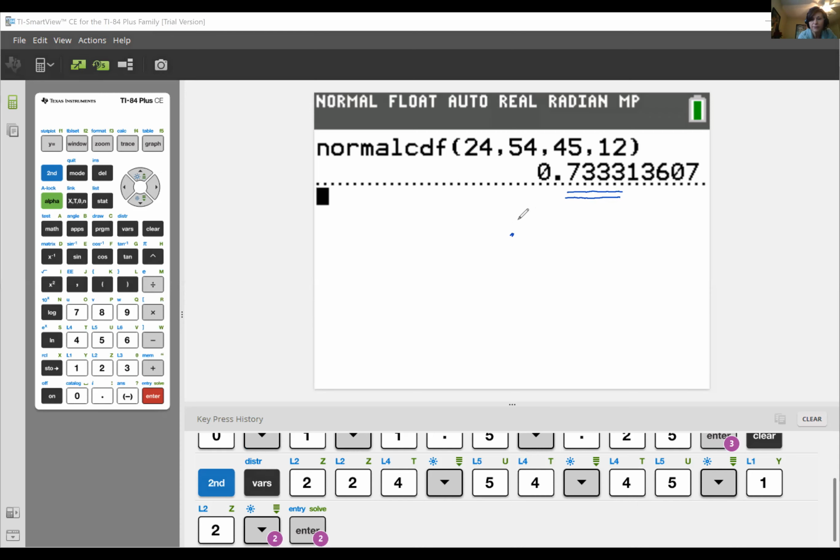So the probability that X is between 24 and 54 is 0.7333. And that would be the answer you would provide. Okay? That's all there is to it. Make sense? Yep. Okay, so let me clear that. Let's go back to the PowerPoint.